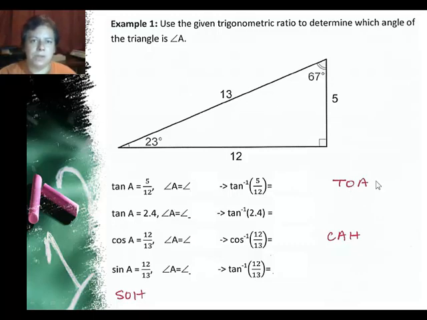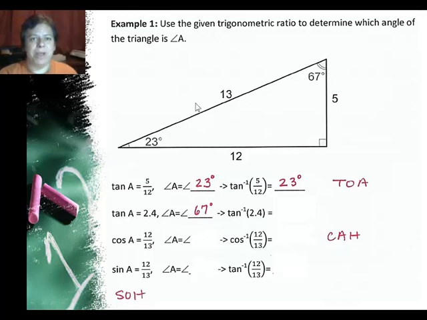Tangent is opposite over adjacent. If 5 is the opposite, it's opposite to 23 degrees, and the 12 is adjacent to the 23 degrees. So if I go backwards to get the angle, I know that angle A is 23 degrees. The way I write this as an inverse function is tangent with a -1 there of 5/12, notice the parentheses, and I basically get the same thing, the angle, 23 degrees.